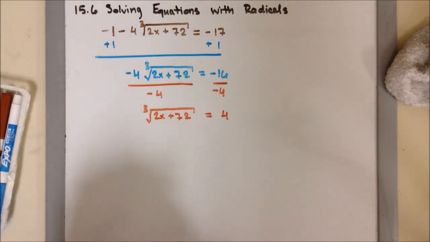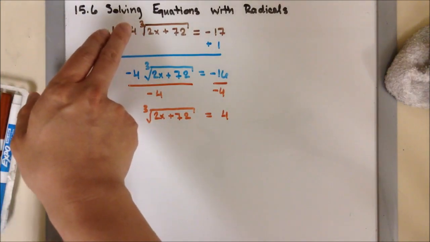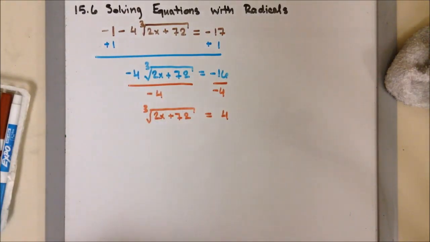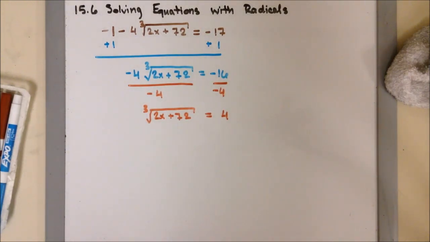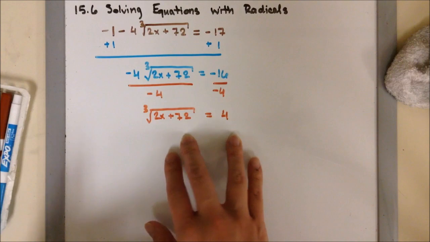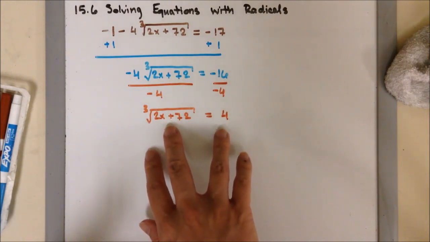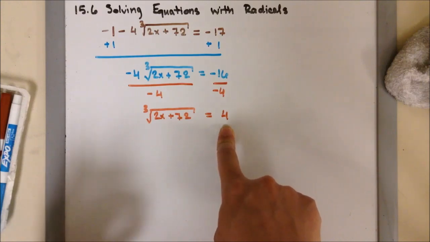So what I mean by that is, you start off with the cube root, or a radical with an index of 3, but along the way, accidentally forget the 3. So as they continue working, they think that they are working with a square root. So since they thought they were working with a square root, they raised both sides by the second power. And again, when you raise it to the second power, you end up with a different number. So if I were to raise both sides by the second power, 4 squared would become 16.